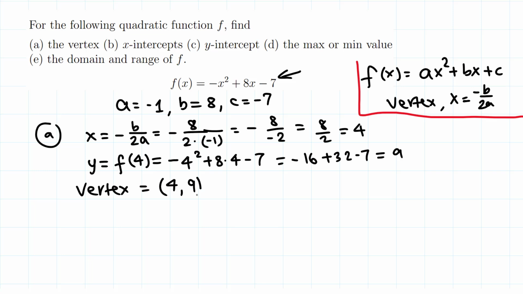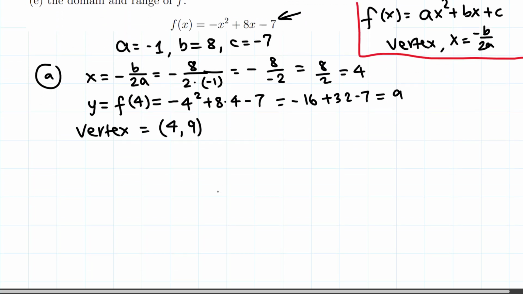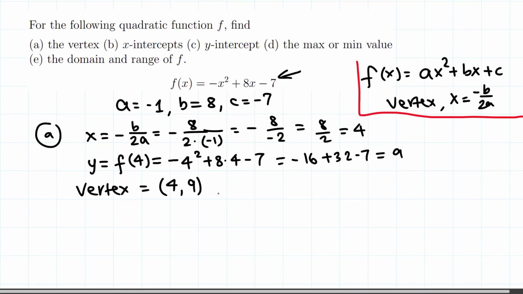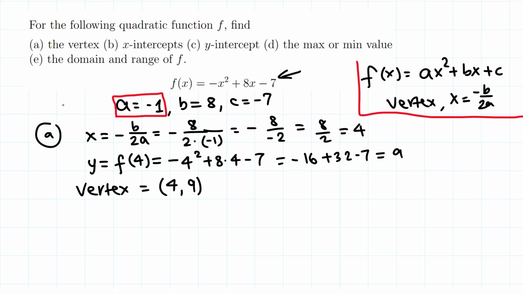So (4, 9) is the vertex. For a quadratic function or parabola, this could be the highest point on the graph or the lowest point, depending on whether the parabola opens up or downward. Here the leading coefficient is negative, so the graph opens downward.